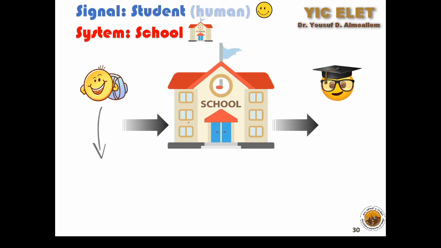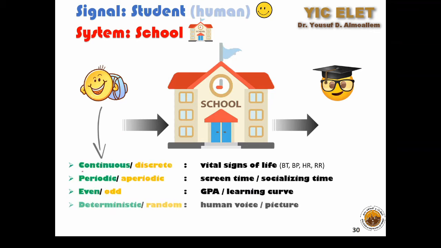Okay, now coming back to our example where signals are assumed to be a student who is entering a system, which is the school. So let's see these properties or classifications of signals among these students. If we're talking about continuous or discrete students, we can visualize a student from different aspects.